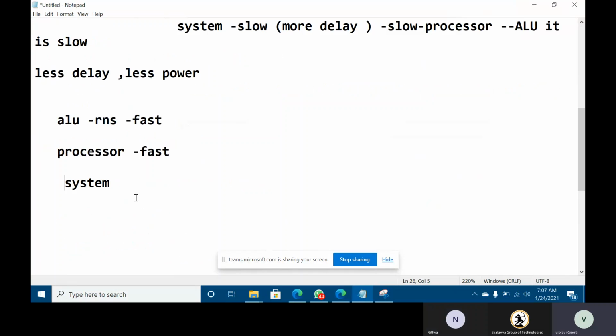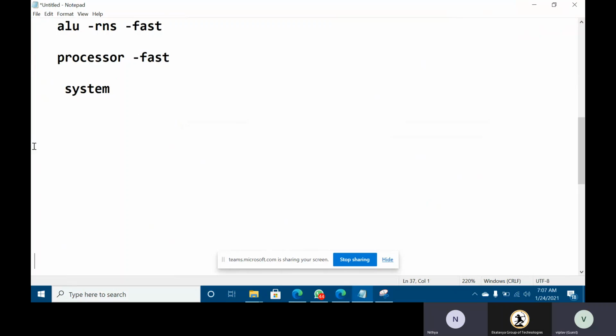So as an extension here, we have taken RNS, the number system. In the extension part we have thermometer coding and next is one hot coding. These are the extension parts.